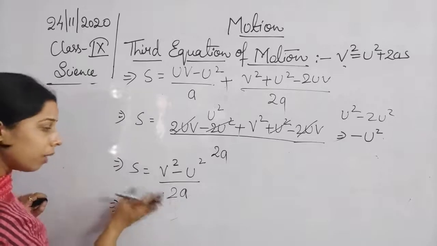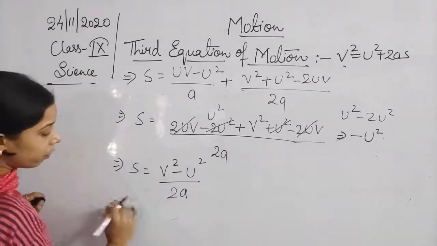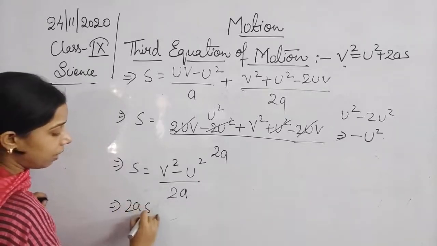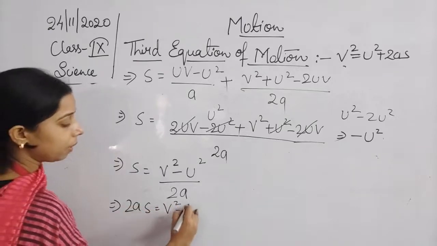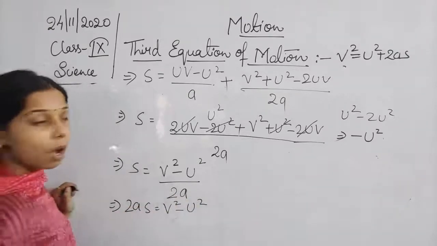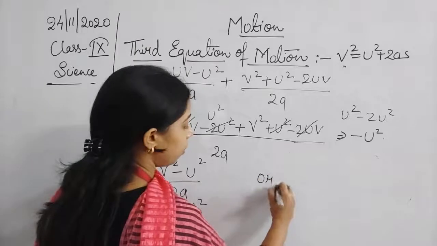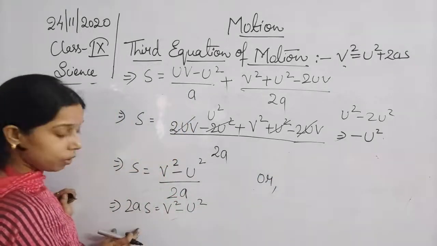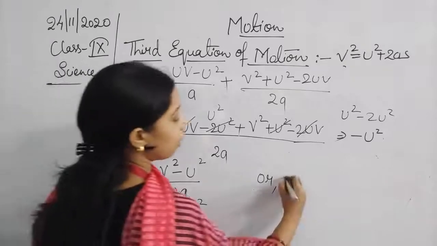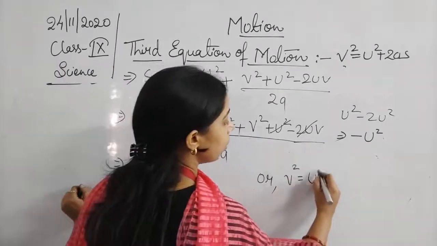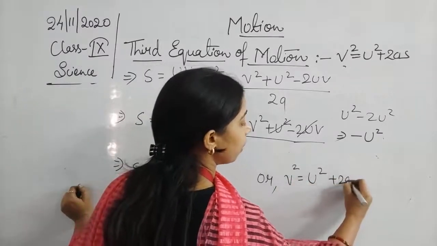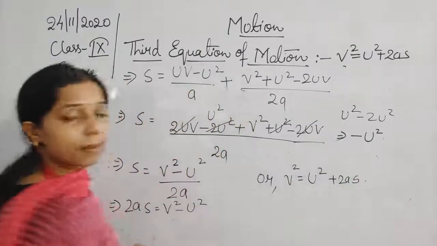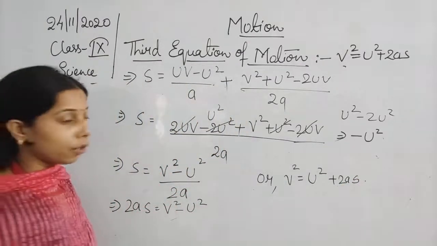Now when this 2A goes to this side, it will become 2AS is equal to V square minus U square. Now we will rearrange them. Now this U square, when it goes to the 2AS side, it will become V square is equal to U square plus 2AS. Now this is what?